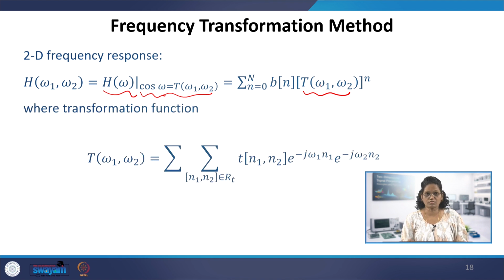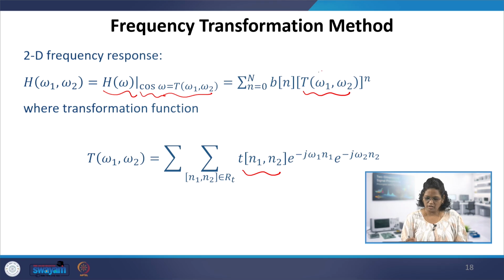This is a transformation function in the frequency domain. If we take the inverse Fourier transform of it, we get a sequence T of n1, n2 e power minus j omega 1 n1 e power minus j omega 2 n2.